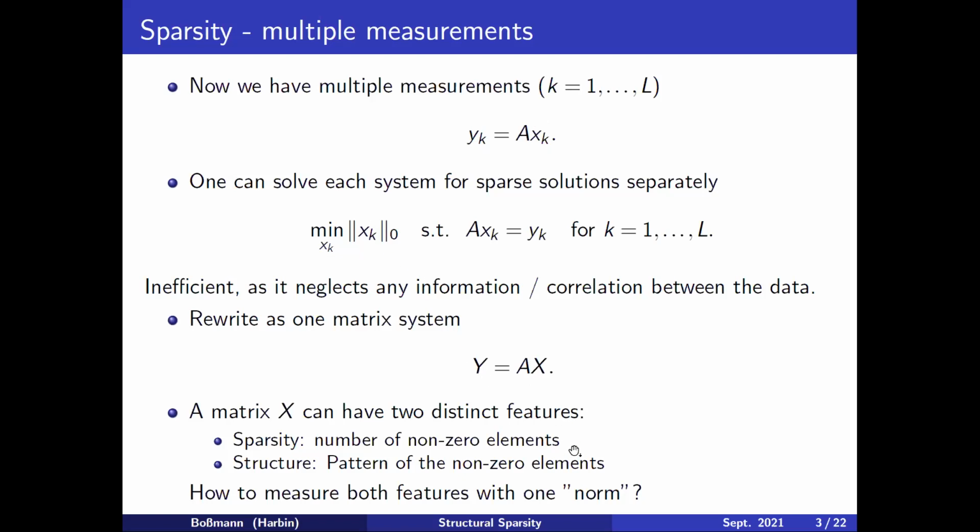But because we're looking at a matrix now, it can also have a structure, so the pattern of the non-zero elements. And because we have these two properties, we have to ask the question: is there some kind of norm or some measure we can take to measure both of these properties at once? Then we could minimize over this norm.